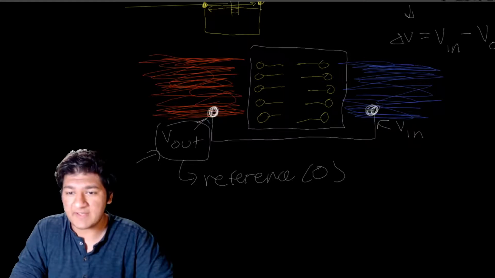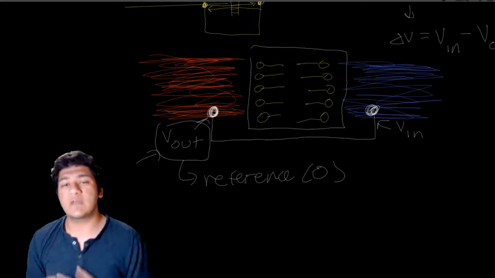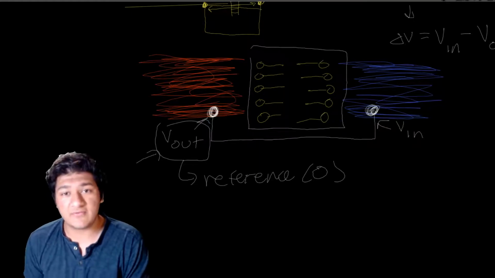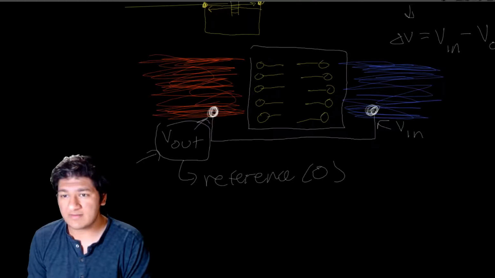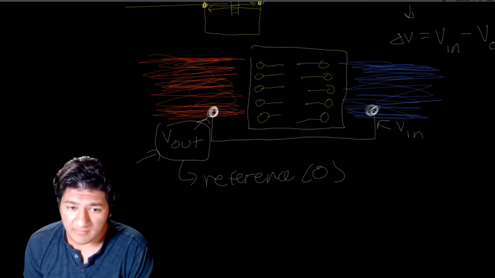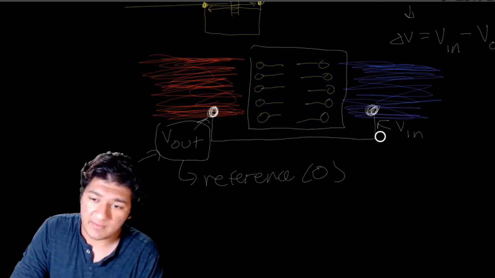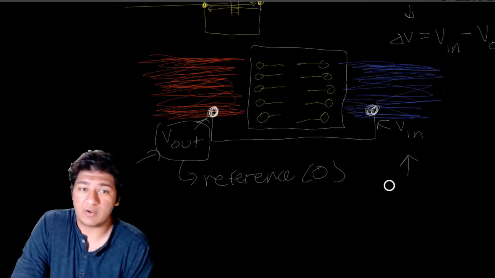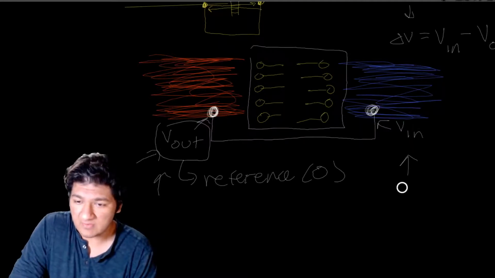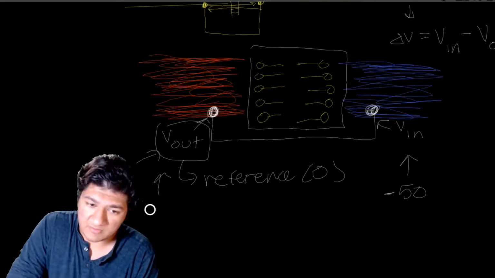So if I were to say the intracellular region is 50 millivolts less positive than the outside, I'm essentially saying this is 50 millivolts more negative than this. So this would be 50 and this would be 0.